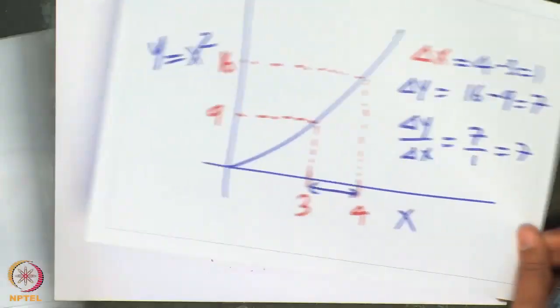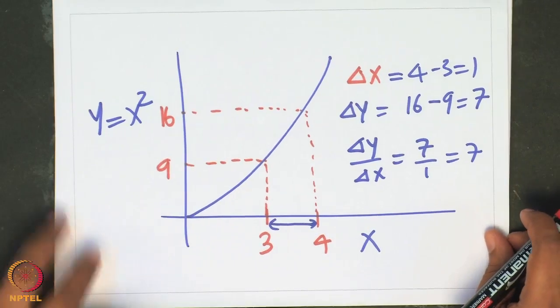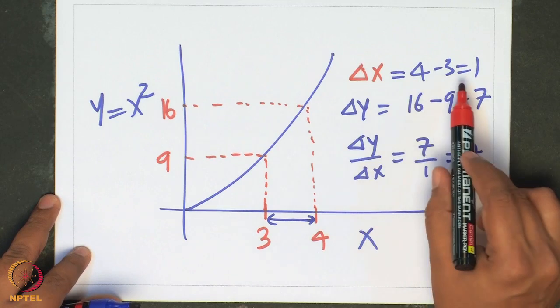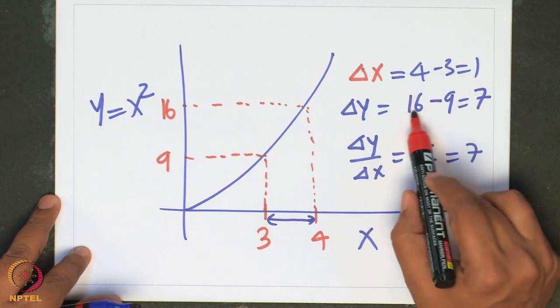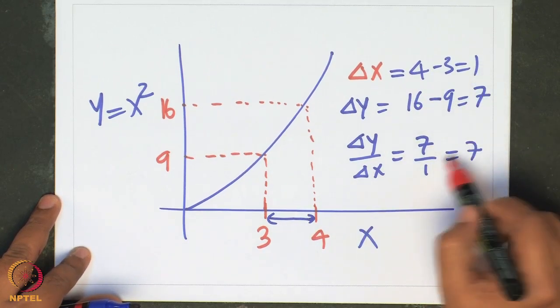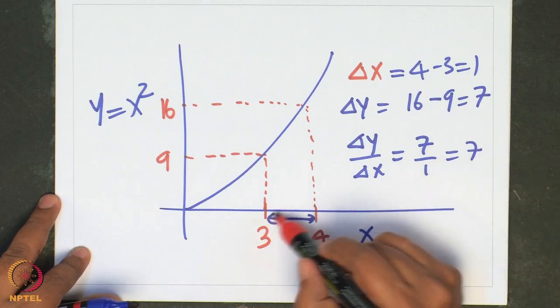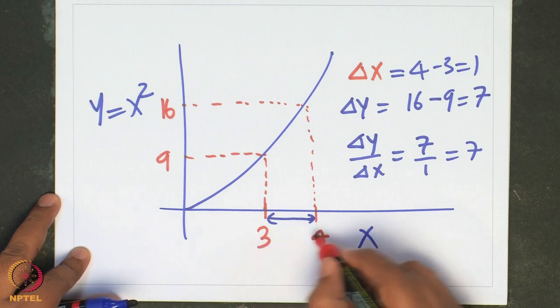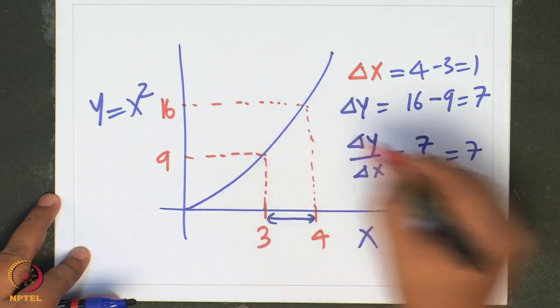Now the obvious question will be, we had this calculation that we did, which is the slope between 3 and 4. So we had 3 and 4, and we had 4 minus 3, 16 minus 9 divided by 1, and we got the answer as 7. So if I take the interval between 3 and 4, if I take delta x equal to 1, I get the answer 7.